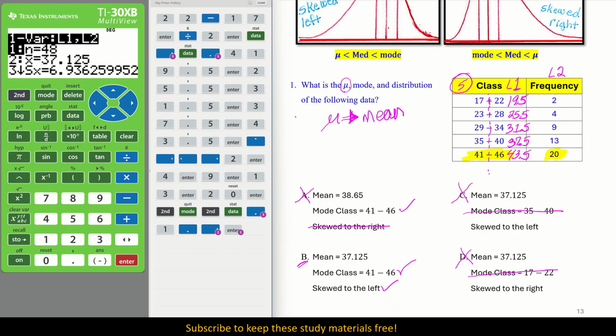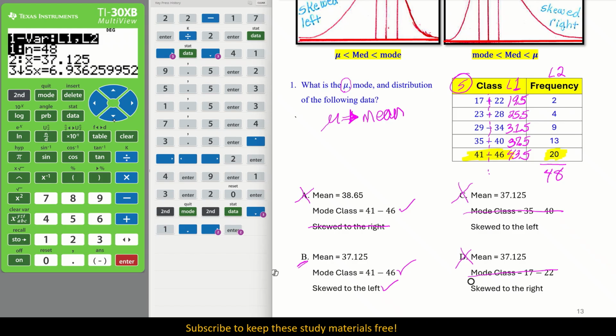Well, if you add up the number of frequencies, guess what that's going to add up to? 48. So there are 48 pieces of data. It's just they went into frequency classes. So you had two, a frequency of 2. That was 2 points of data. And then you add that to the 4 and so on and so on. So our total is n equals 48. So that's nice that the calculator quickly figured that out.